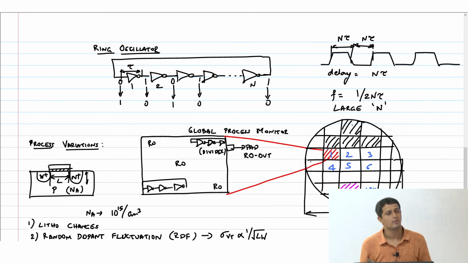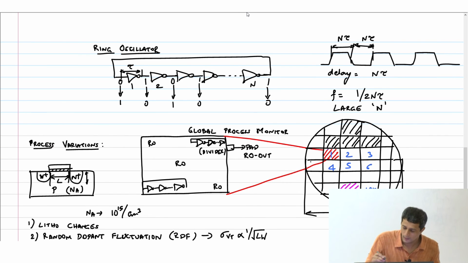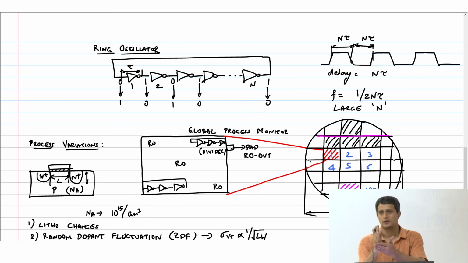So what the fab does is, in this wafer here, this is actually the place where the wafer will be diced. Means you're going to cut it, right? You will cut it in these directions and send this chip back to the customer. But before you cut it, you have access to that space. Okay, this space is called the kerf.